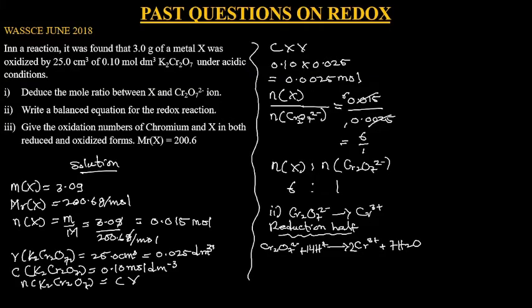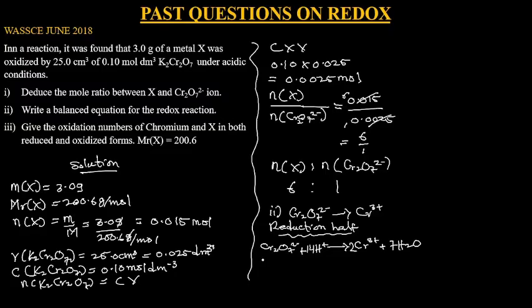This plus 1 times 14 will give us what? Plus 14. So plus 14 minus 2 will give us a total charge of plus 12. So all we have to do is to add some electrons to the left side so that the charge on the left will become equal to the charge on the right.